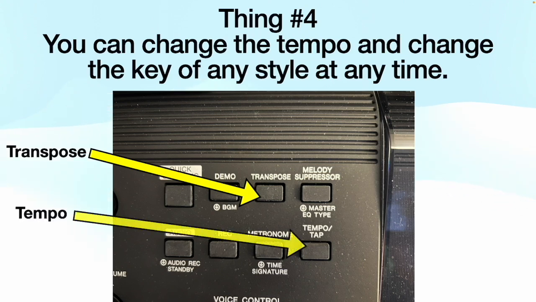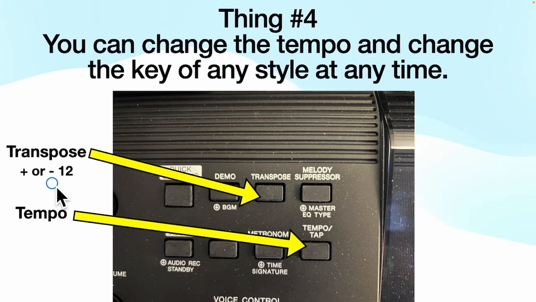And you will press the tempo button to change the tempo of the style and the song that you're playing. Now you can transpose the keyboard up or down 12 steps, and that happens to be 1 octave. So you can raise the whole keyboard 1 full octave, 1 key at a time, or you can go the other way and lower the entire keyboard 1 note at a time.